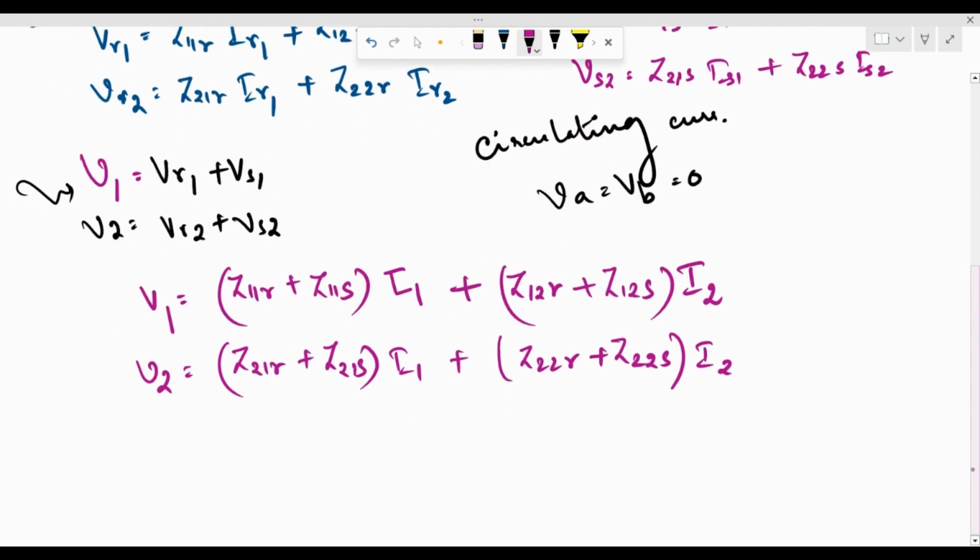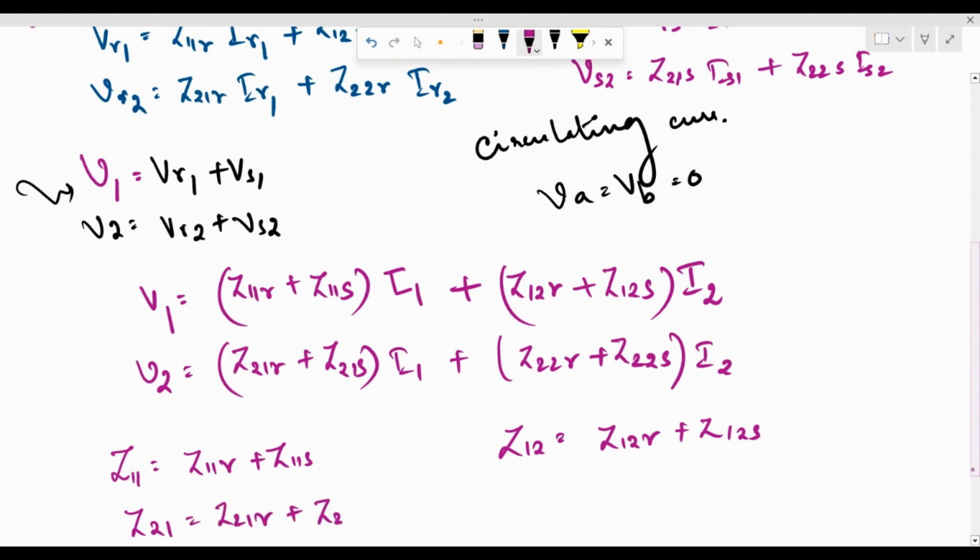So from this equation, we can say the overall Z11 is going to be Z11R plus Z11S. The overall Z12 is the sum of the Z12s of the two networks, and Z21 is going to be Z21R plus Z21S. Z22 is going to be Z22R plus Z22S.